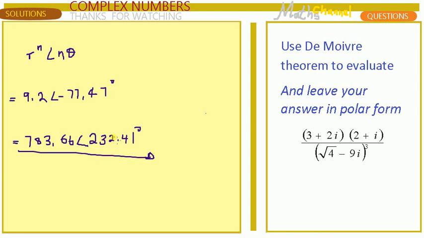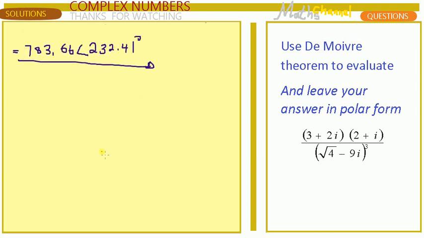Okay, now we have the bottom and the top part. Now we can put them together, because at the beginning we have 3 plus 2i.